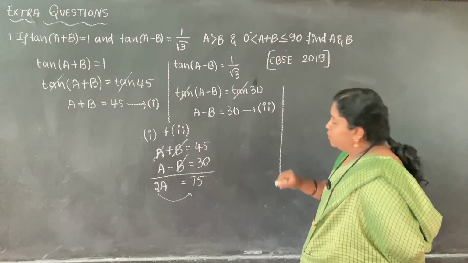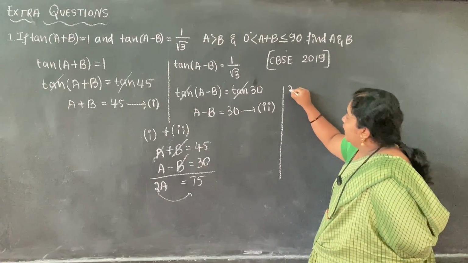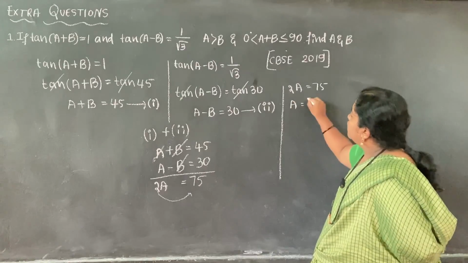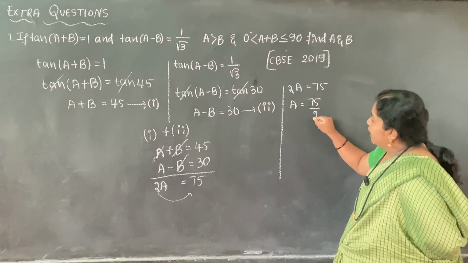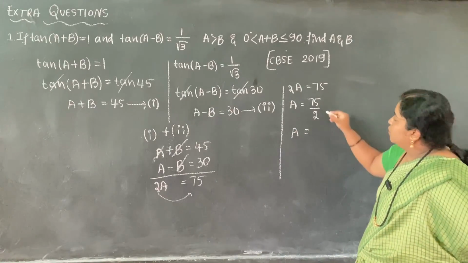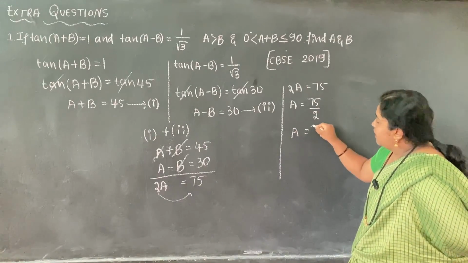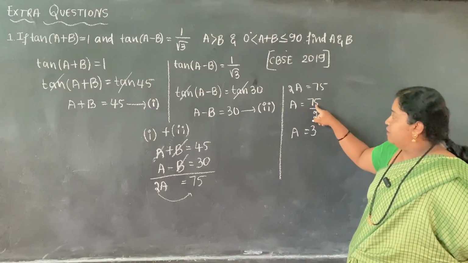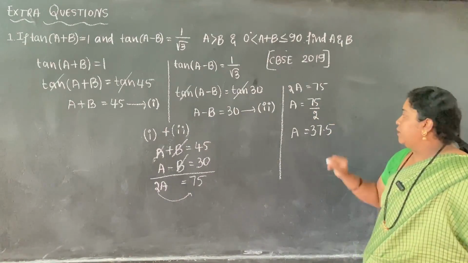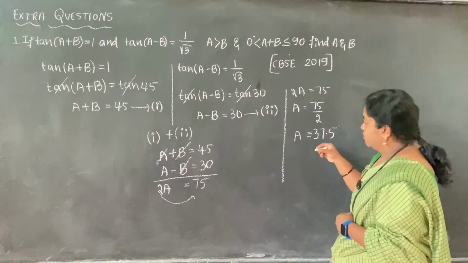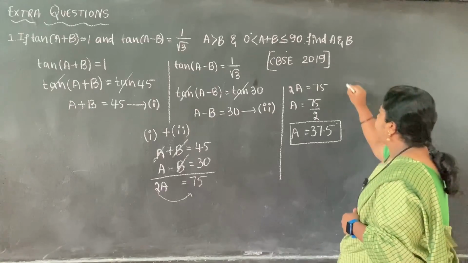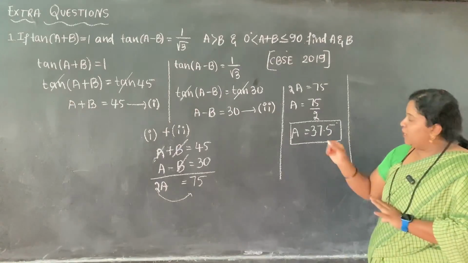So 2a is equal to 75, where a is equal to 75 divided by 2. I got a is equal to, 2 threes are 6, 1 left, 15 it became, 2 sevens are 14, 37.5 degrees. Now a is equal to 37.5 degrees. Okay. Now we'll calculate b.